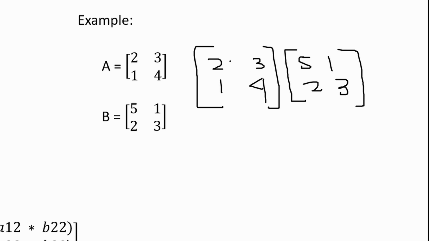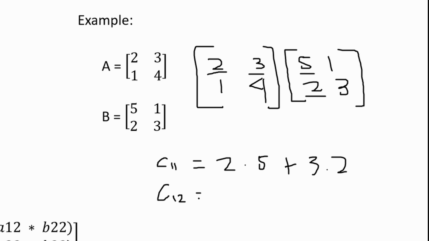So first, I will calculate this one with this one: 2 times 5 plus 3 times 2. This is for the C11.